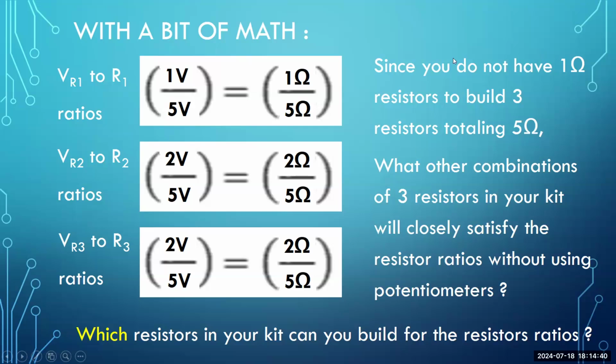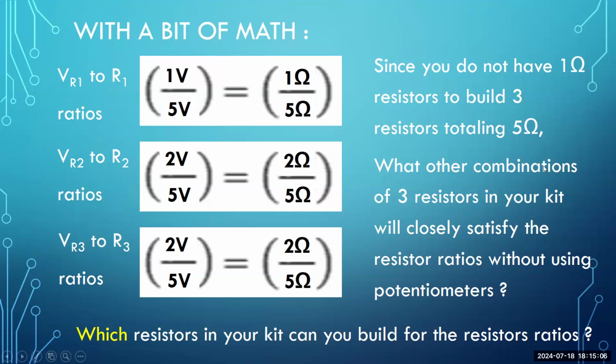So take a look at the narration on the left-hand side of the screen. Since you do not have 1 ohm resistors in your kit, you don't have them unless you special purchase them in a separate package, as I've shown you before. You don't have 1 ohm resistors in your kit to build 3 resistors totaling 5 ohms.